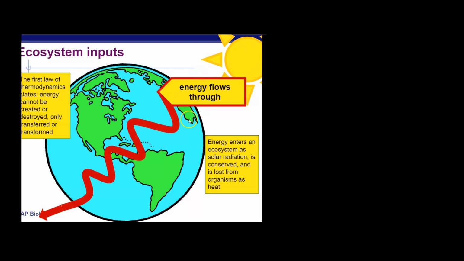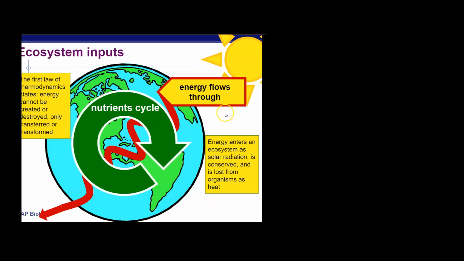So as it moves from organism to organism, it is actually losing some of that energy through the release of heat. And so again, if we look at the Earth here as our biosphere, we have the flow of energy that's going to pass through the biosphere and then exit it. And that exit again is through the process of losing heat.